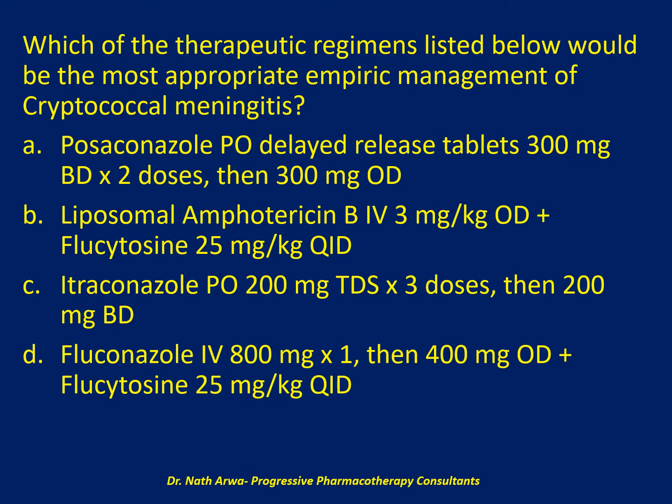Or would you settle for itraconazole administered at a dose of 200 milligrams orally thrice daily for 3 doses followed by 200 milligrams twice a day? Or would you settle for fluconazole infused at a dose of 800 milligrams start followed by 400 milligrams once daily, together with flucytosine dosed at 25 milligrams per kilo 4 times daily? I'll give you 10 seconds to choose the correct answer.